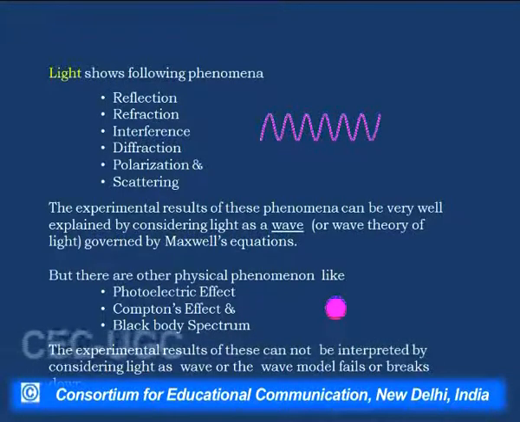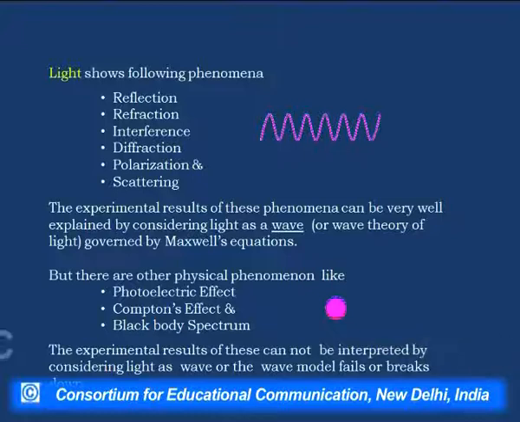Reflection, we all know that when we shine light on a plane or shining surface, the light gets reflected. Then refraction, when this light passes through a denser medium like glass or water, refraction takes place.